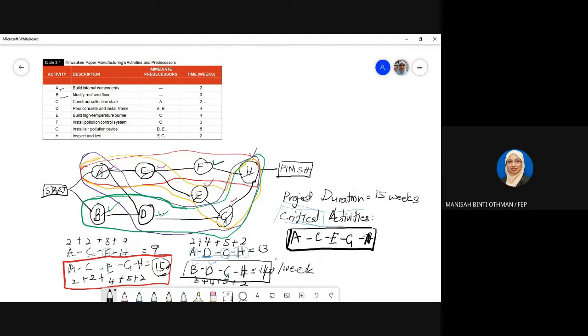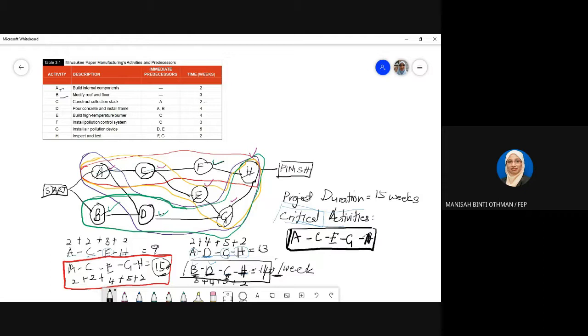But you have to remember that G and H are already critical activities, which means that you cannot delay G and H. You can only delay B and D. But for B and D, you can delay either one, B or D, only 1 week.